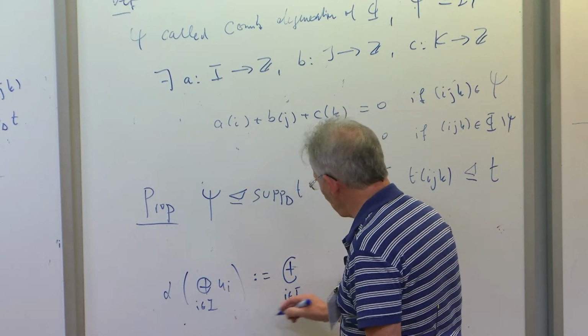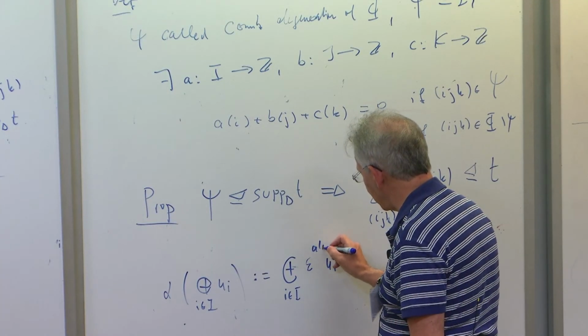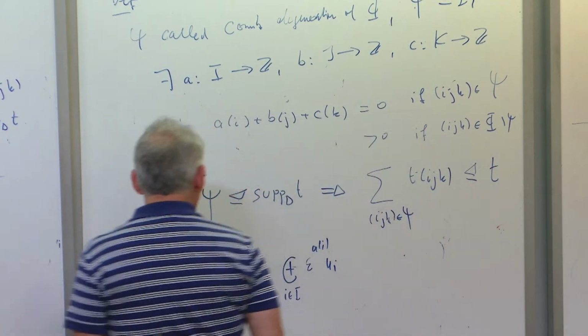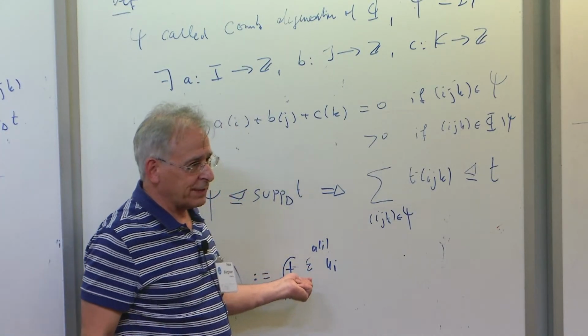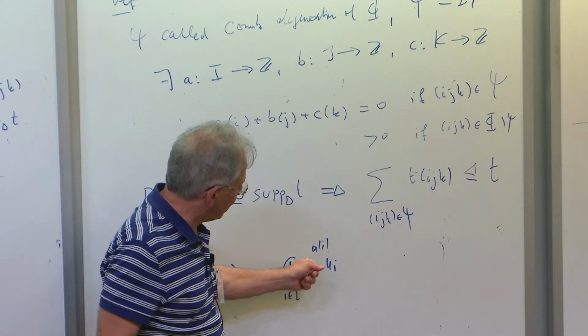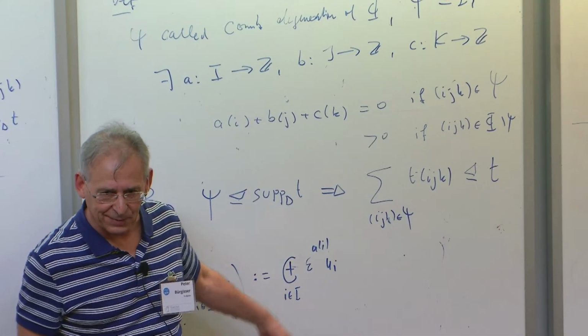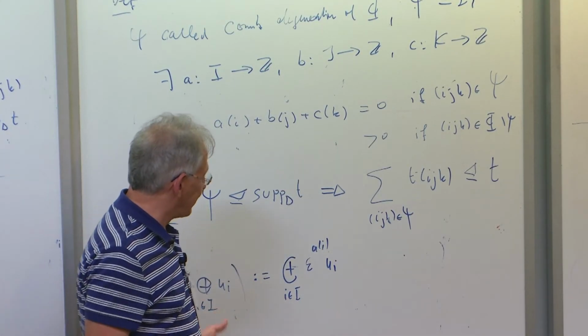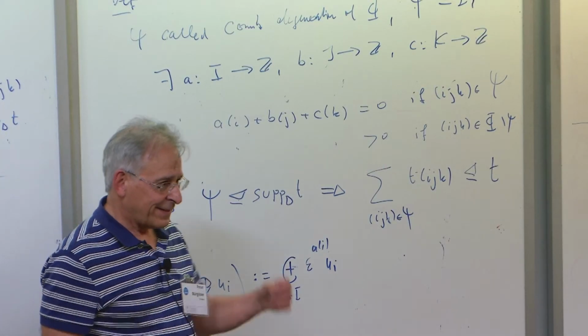So the u_i gets scaled with epsilon to the a_i. You see now this is a linear map, but it's defined over the polynomial ring. Actually, it's not the polynomial ring because the exponent can be negative here. Let's say the field of fractions. You can have division by epsilon. You do the same with the B and the C, and then you apply the tensor product to that, and then you look at what happens.